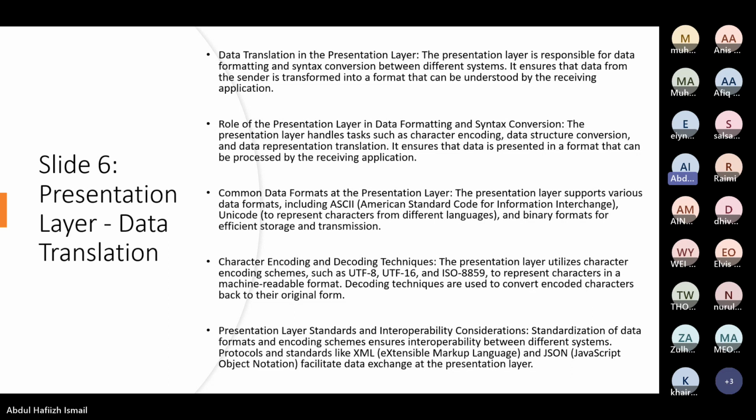So it ensures that data from the sender is transformed into a format that can be understood by the receiving application. So this is crucial for seamless communication between what we call heterogeneous systems.